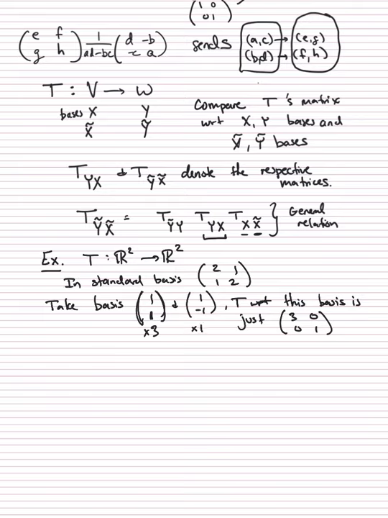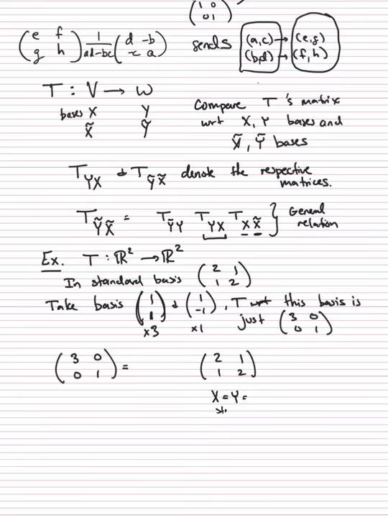So let's just check what this is saying. I'm claiming 3, 0, 0, 1 is equal to 2, 1, 1, 2, conjugated by the change of basis matrix. Notice we're in a special case where the basis X is equal to the basis Y, right?